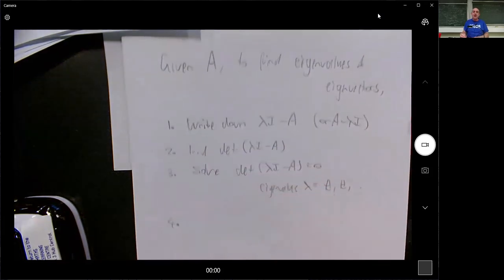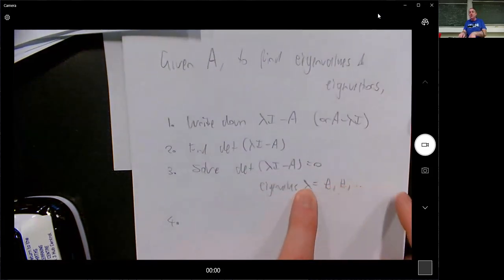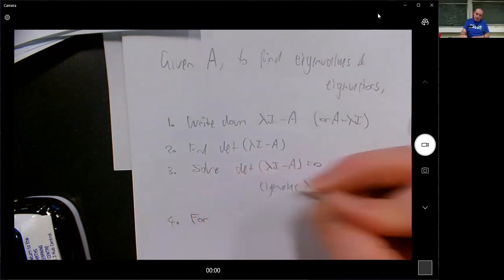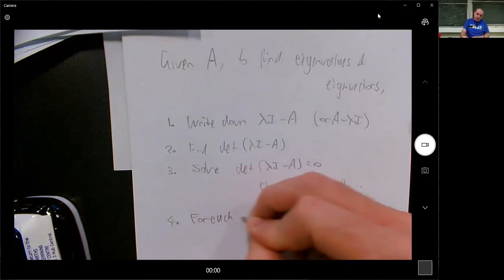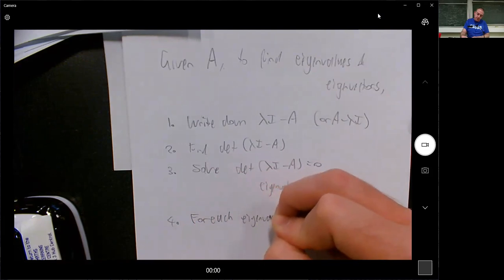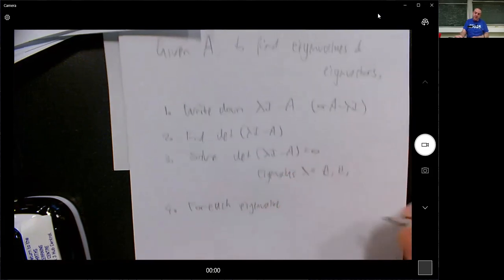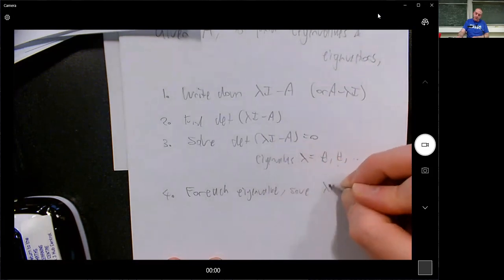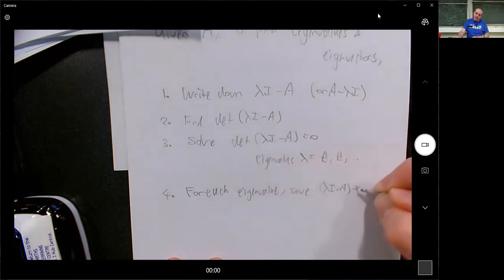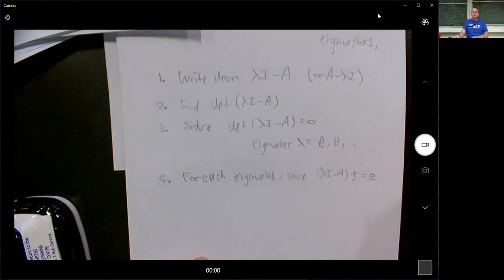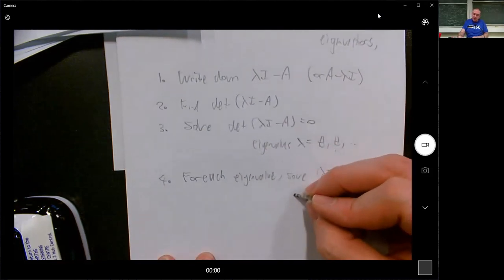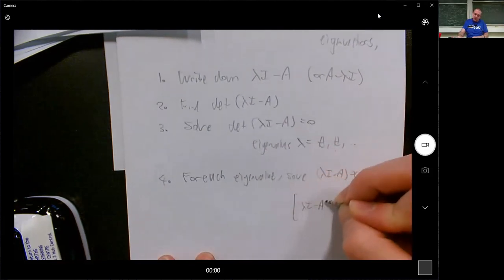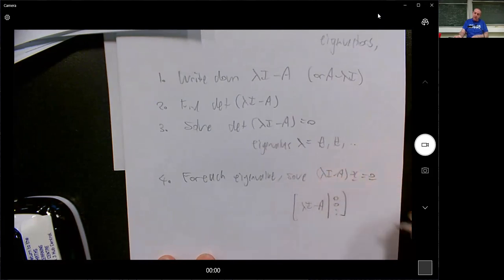And then step 4 is actually one step for each of these numbers. For each eigenvalue, solve lambda I minus A times x equals 0, which would mean that you'd get the matrix lambda I minus A, and you'd put zeros here, and you'd row reduce and put in free variables and stuff.